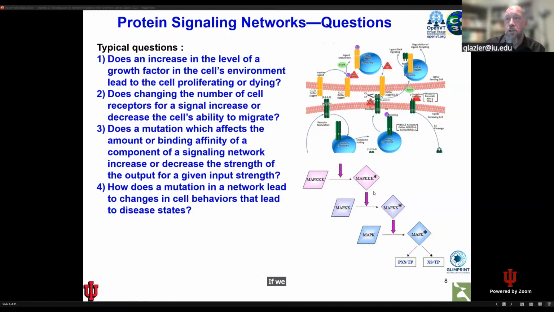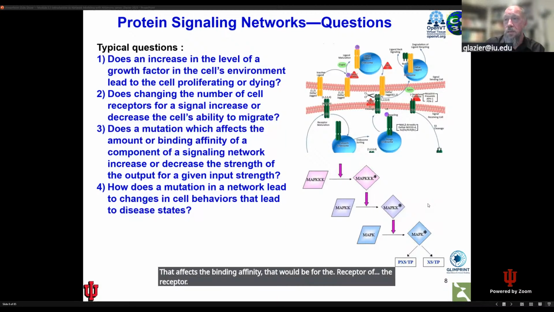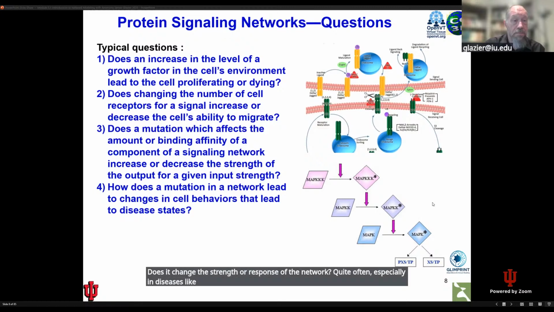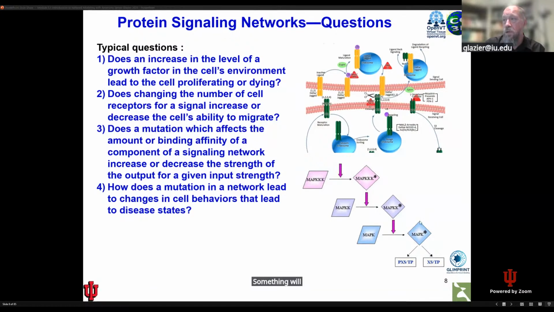If we have a mutation in a component of this network that affects the binding affinity, that would be for the receptor, of the receptor, does it change the strength or response of the network? Quite often, especially in diseases like cancer, something will happen where one of these steps is turned on all the time, constitutively active.